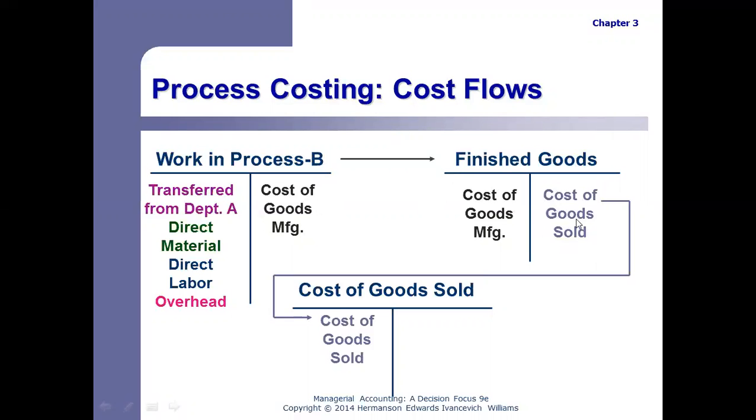If we made, let's say, 100 things, the cost would be here in cost of goods manufactured. And if we only sold 30 of those 100, the cost of those 30 would be in the cost of goods sold. So cost of goods manufactured is the cost of how much it cost us to make everything. Cost of goods sold is what was that cost for those things that we sold.